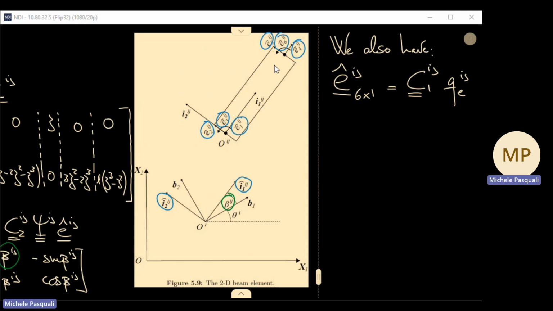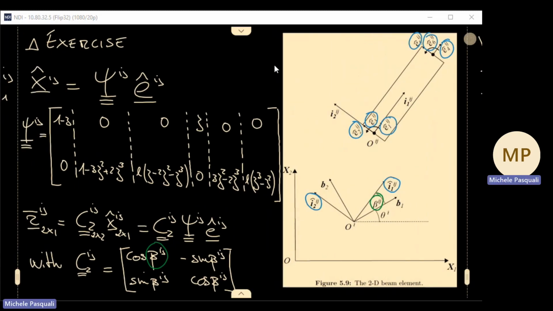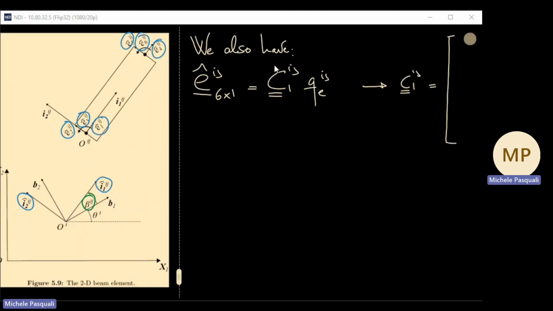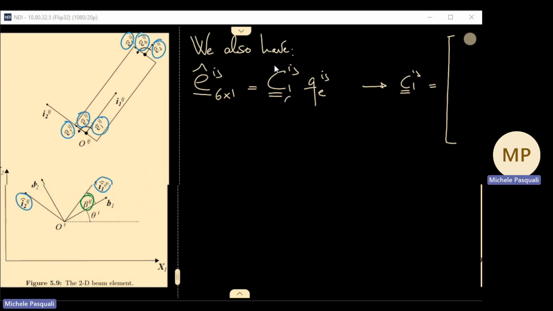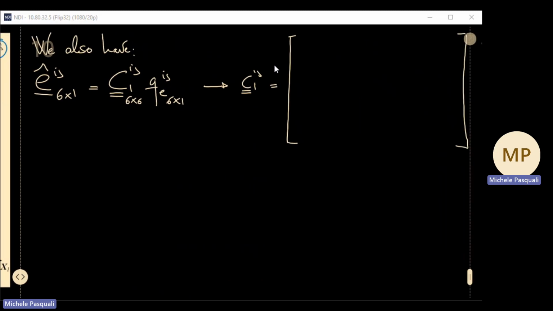C2, as you can see here, links the position vectors. So this is a proper rotation matrix, in this case too. Well, kind of, because it has dimension 6 times 6, or n times n in this case, and it enforces the same relationship but at nodal quantities level. Of course, in this sense, it will always be a function of beta.